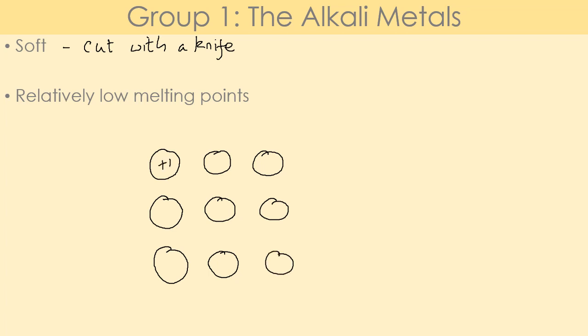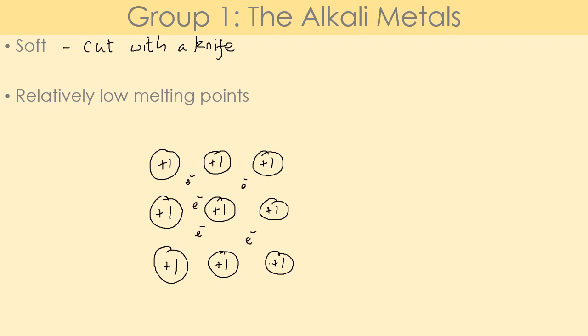They all form ions. So when they're all bonded together, they lose their outer shell electron. And they have a 1 plus charge. Now, in between these, we've got our electrons.